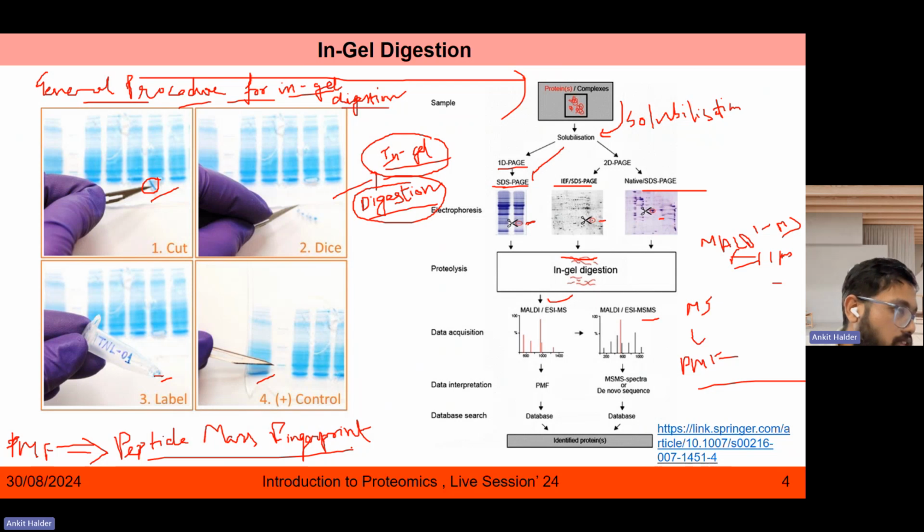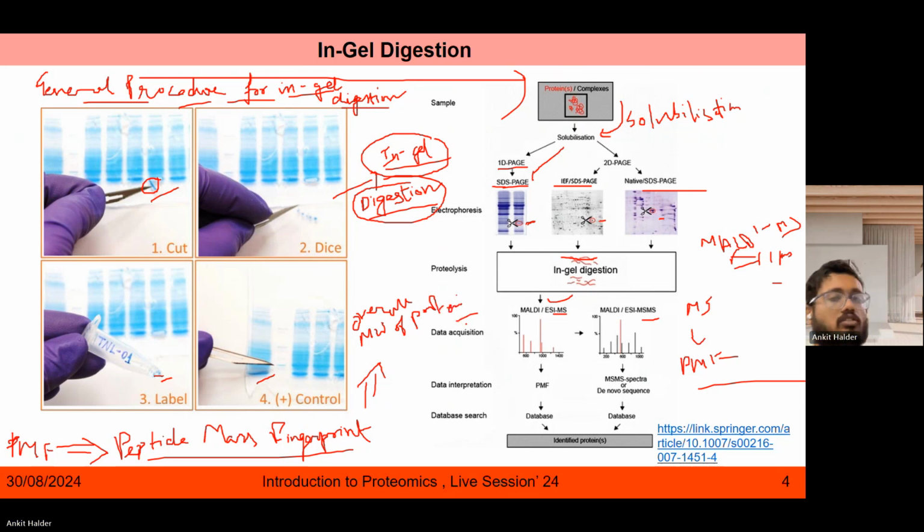Why is it there? Because with a single MS, what we get is only the overall molecular weight of the particular protein.